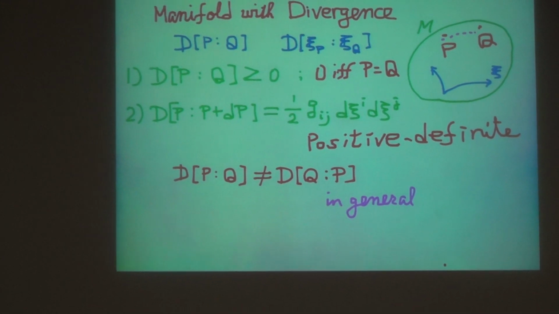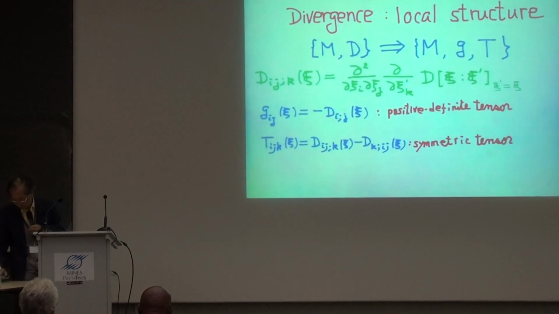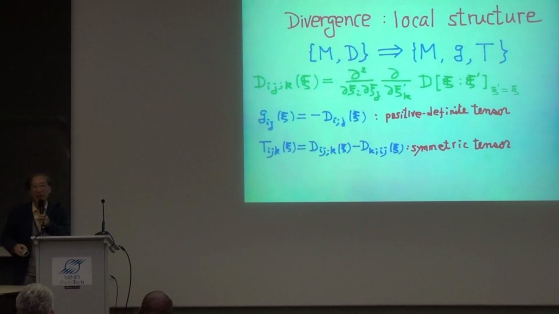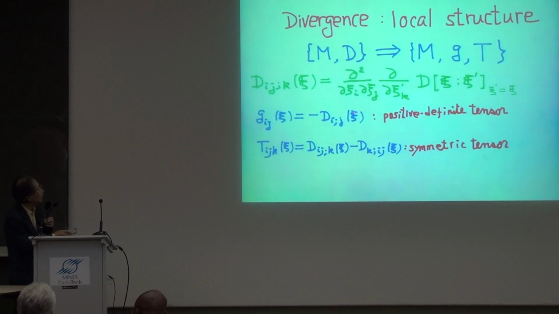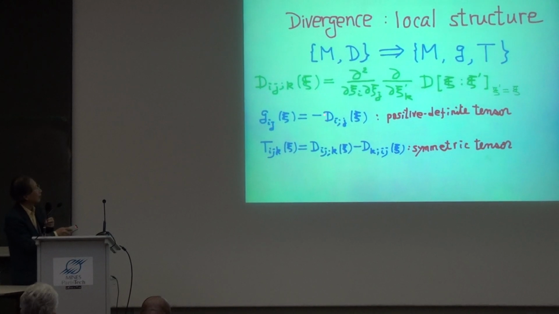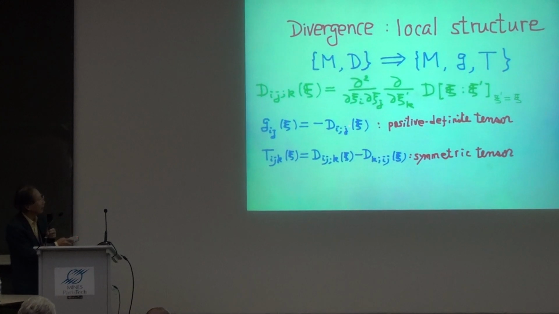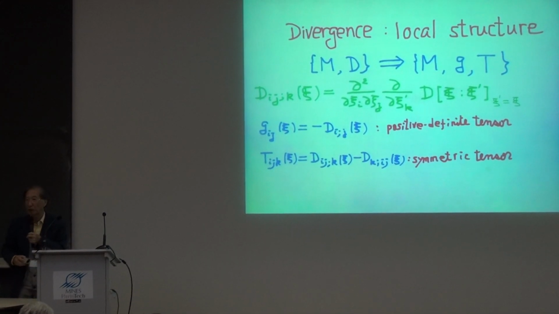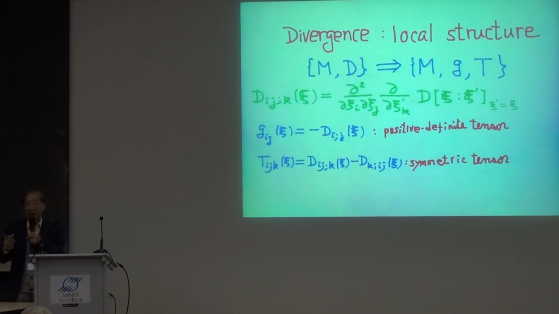Are there any other such local quantities? One can easily find, and I don't want to go into details, okay? So the Riemannian distance is just the Taylor expansion of the divergence function. Okay? But we continue a little more with the Taylor expansion.